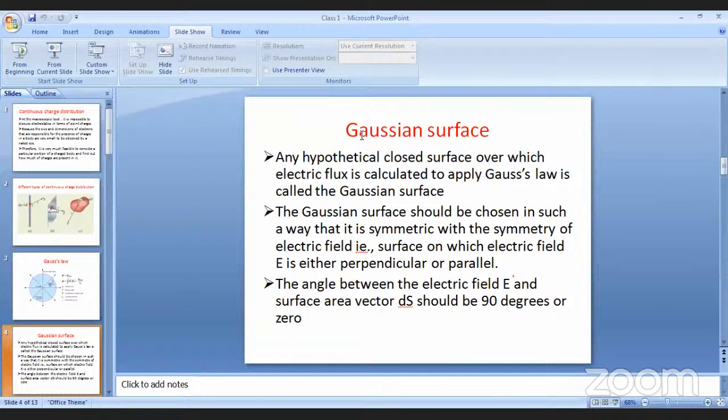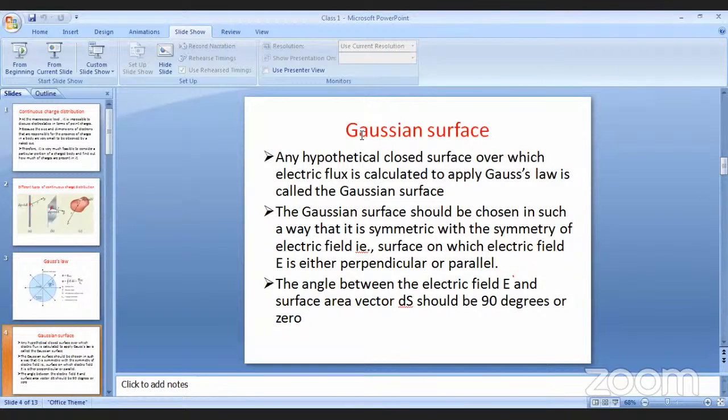How should you choose the Gaussian surface? It should be symmetric with the symmetry of the electric field. That means you take the Gaussian surface in such a way that the electric field is either perpendicular or parallel to the surface. This is the condition to apply Gauss theorem or Gauss law.